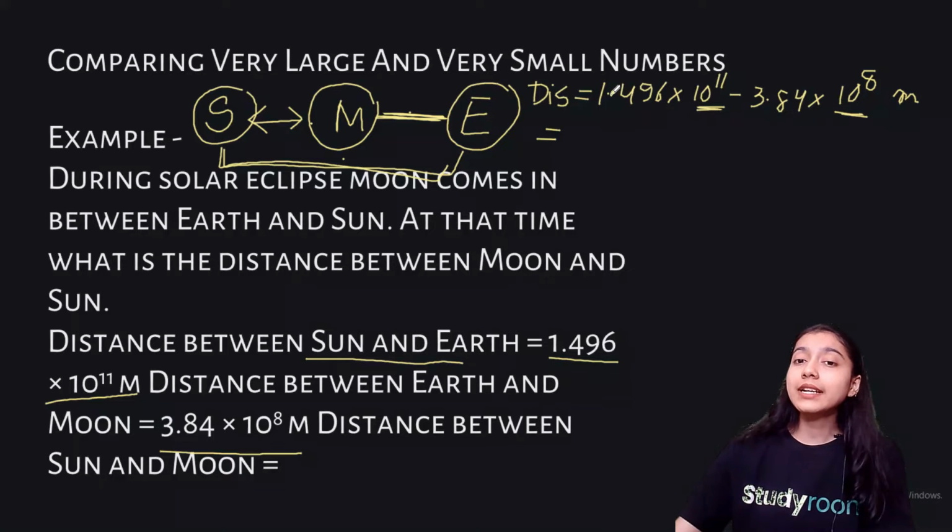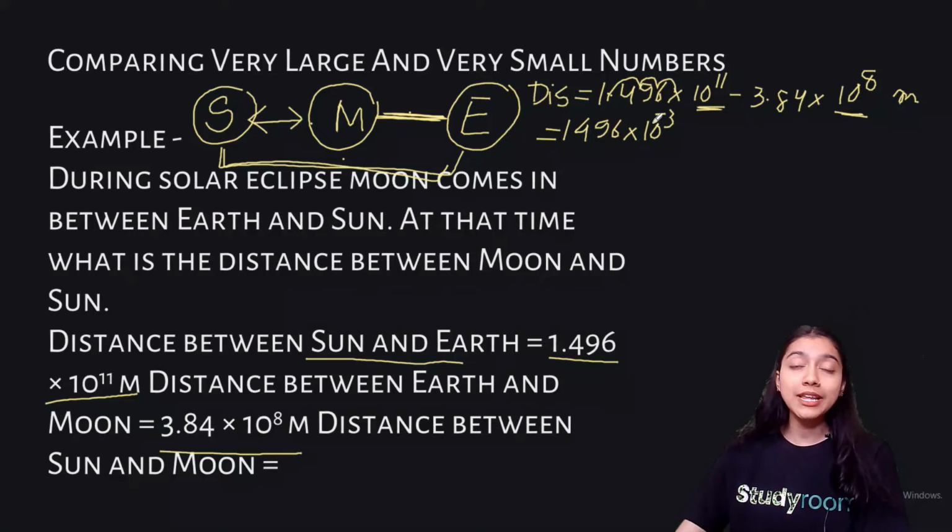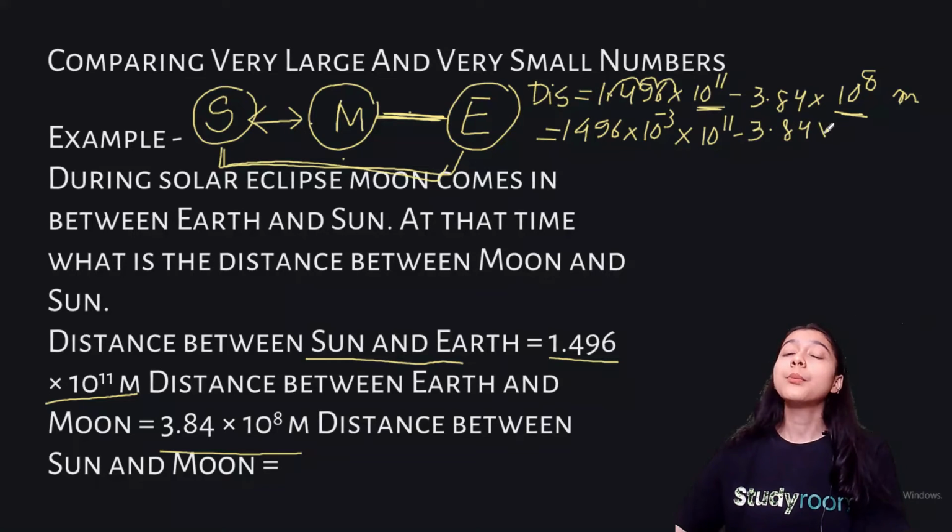For doing that, let's move this decimal point 3 places towards the right hand side. So when we do so, we are left with 1496 multiplied with 10 to the power of minus 3. This minus 3 has come because we have shifted 3 places towards the right hand side. Multiplied with 10 to the power of 11 minus 3.84 multiplied with 10 to the power of 8.